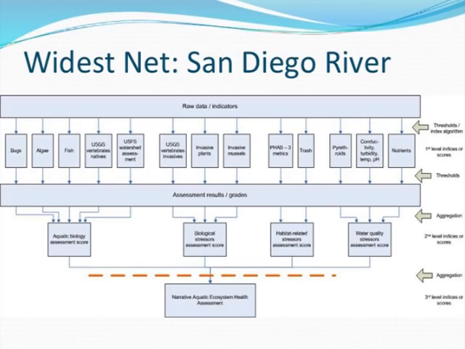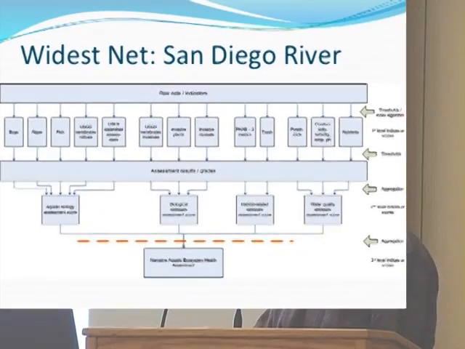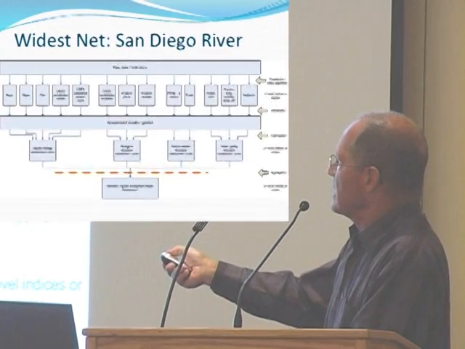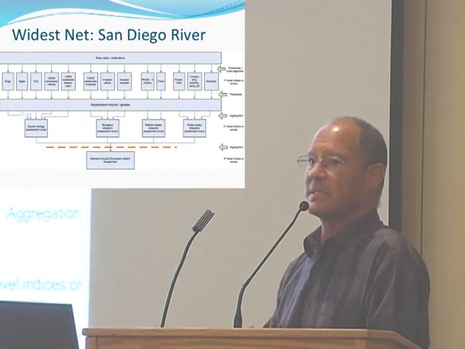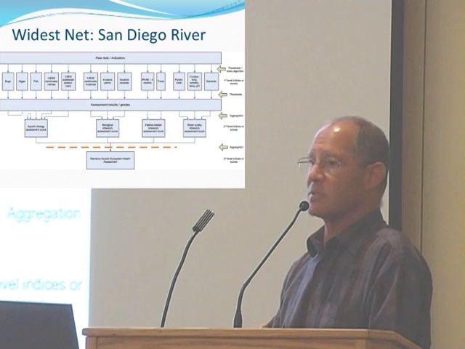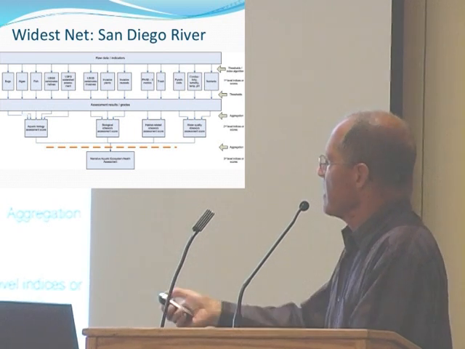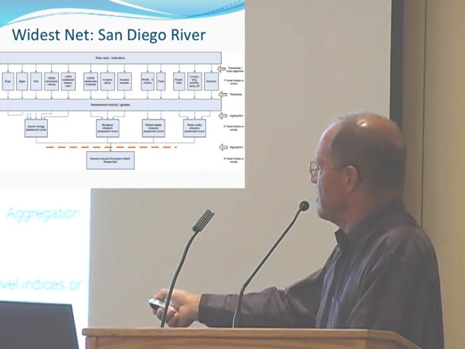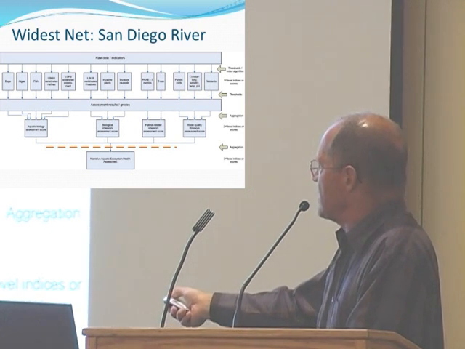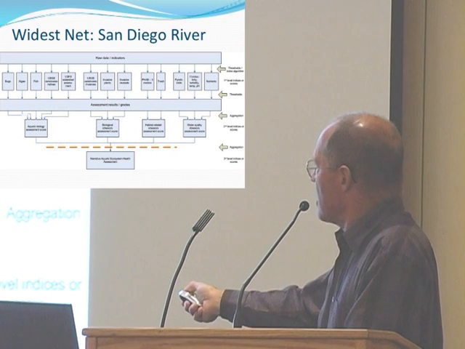San Diego River program is taking those aggregated scores and plugging them into here because they cover parts of the watershed that the permittee programs and the NGO programs don't cover very well. And then come up with these 4 scores: aquatic biology, biological stressors, habitat-related stressors, and water quality stressors.